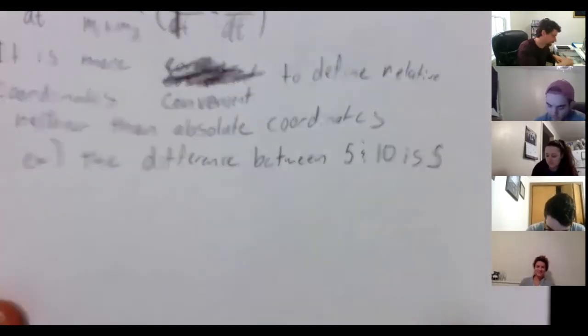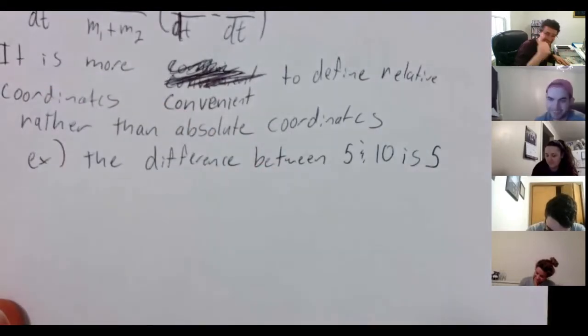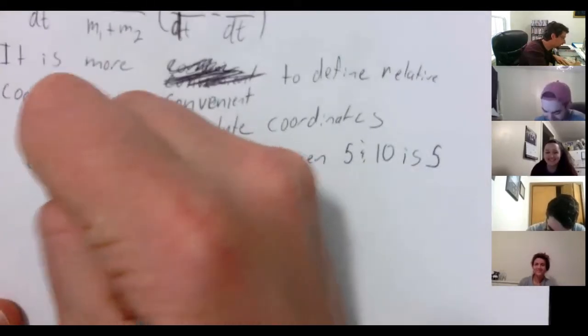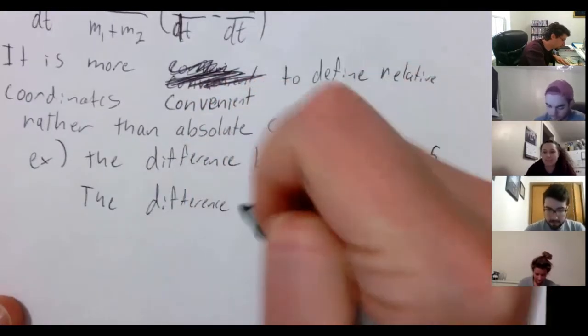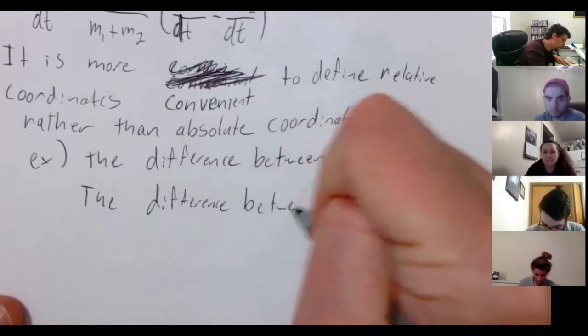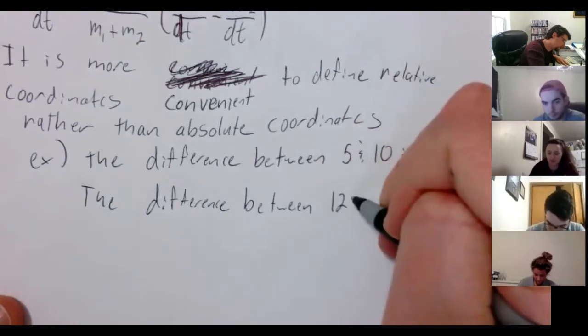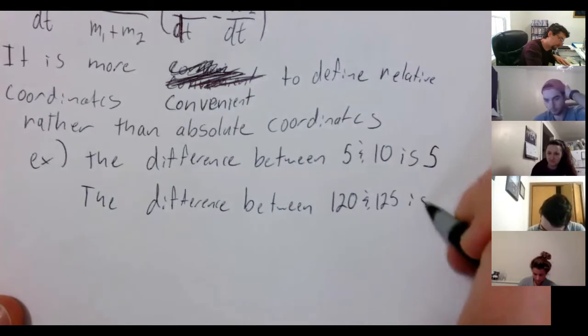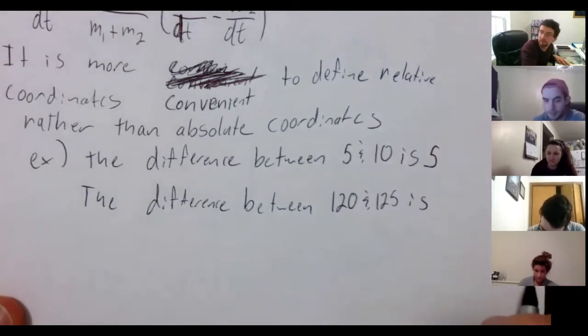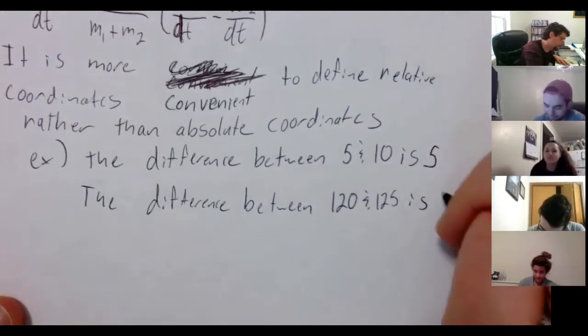It's my favorite number. That's why I picked it. Very good. What about the difference between 120 and 125? Still 5. Yeah, it's still 5.